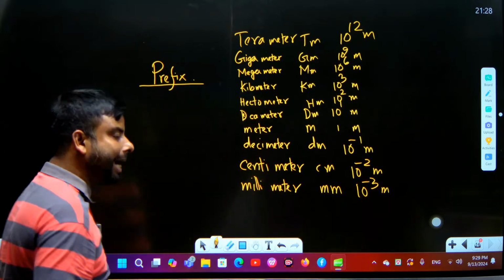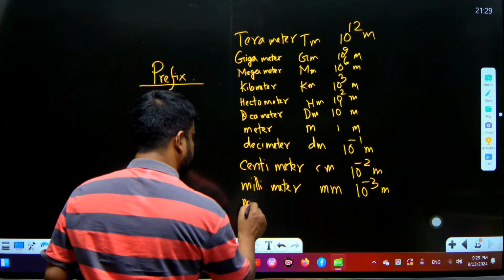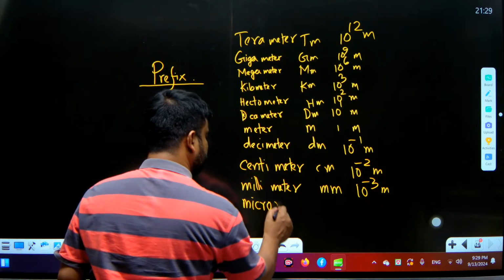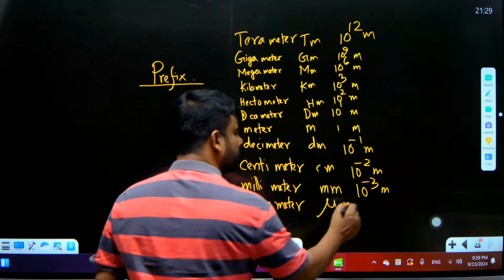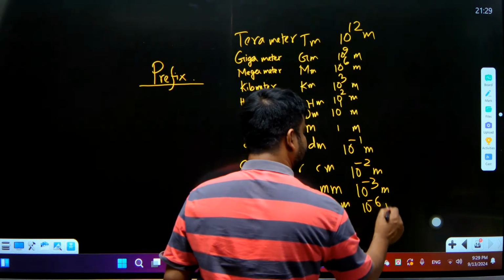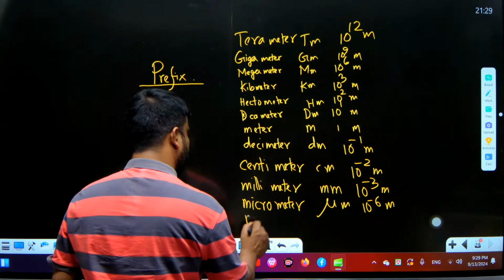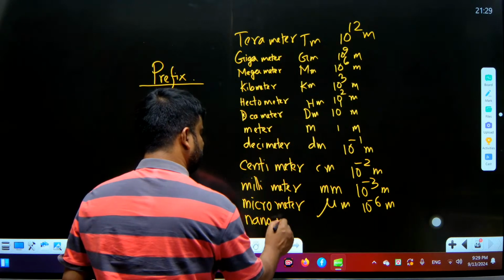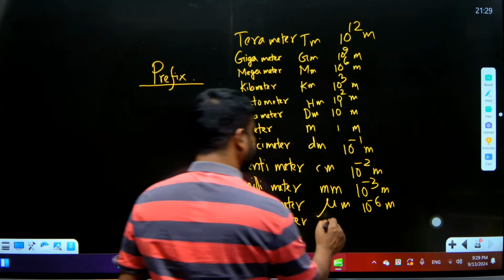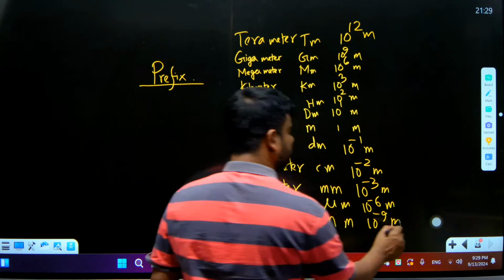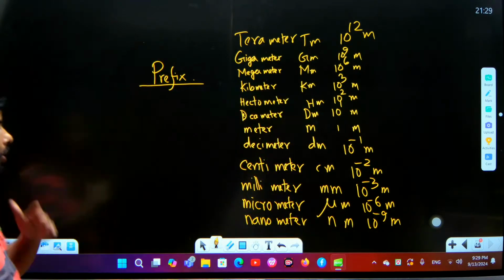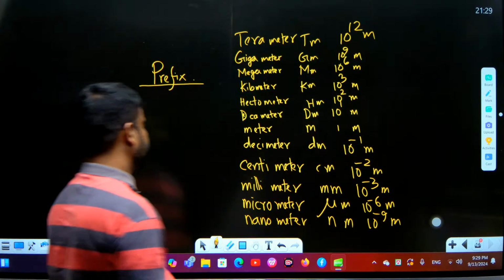Then micrometer, we use the mu symbol, 10 to the power minus 6. Then nanometer, 10 to the power minus 9 meter.